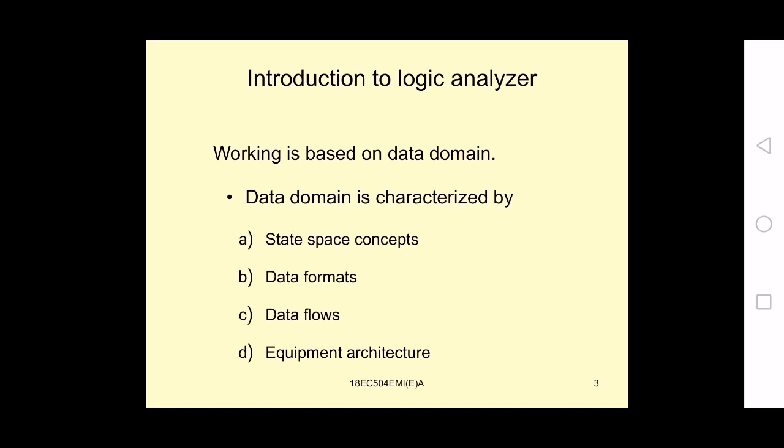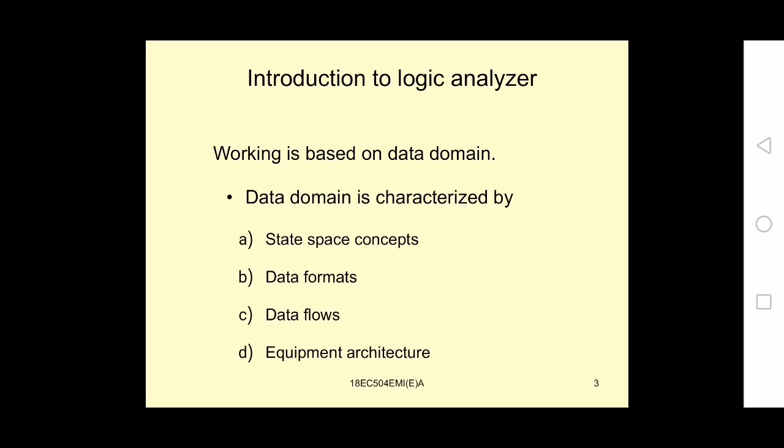You can go for different switching networks, that may be a packet switching network, circuit switching network, or message switching network. So there will be different flows, or maybe you will have an algorithmic flow. Different data flow will be there based on the architecture also, that may be von Neumann architecture or Harvard architecture.